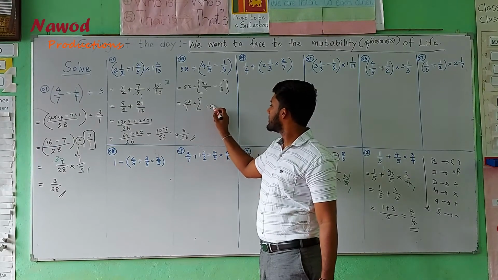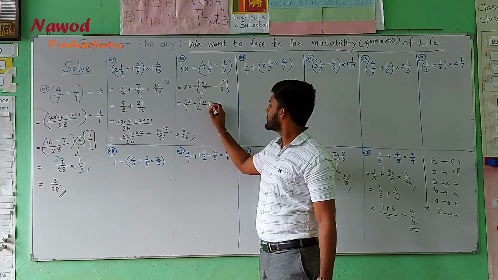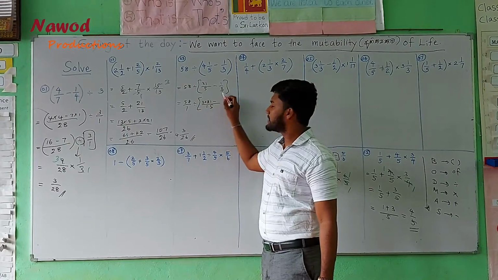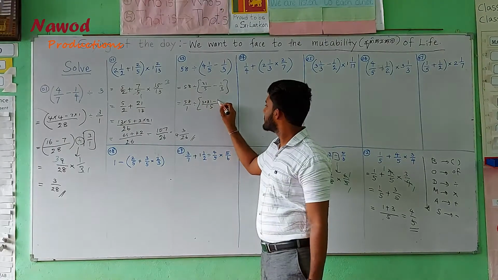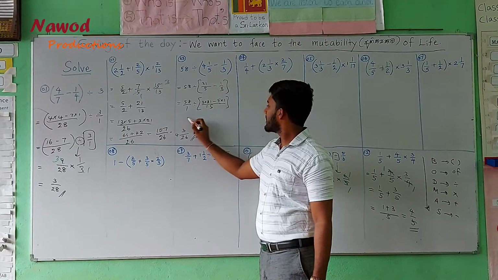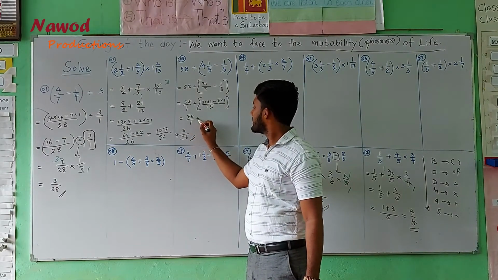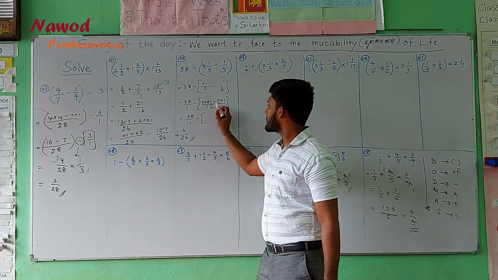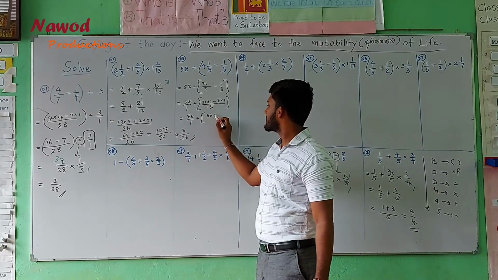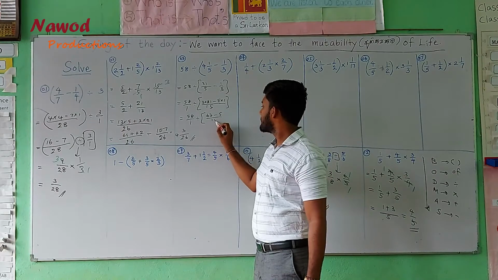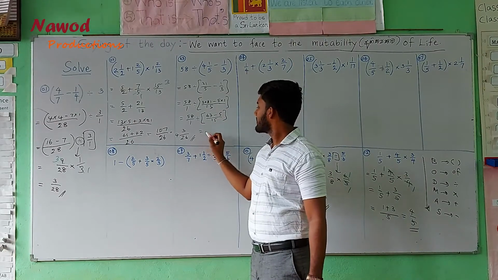5 into 3 is 15. 3 into 20, 1 minus 15, there are 5. 5 into 1, you can obtain 58 over 1 divide by, here 3 into 1 is 3, 3 into 6 minus 5 over 15, right?